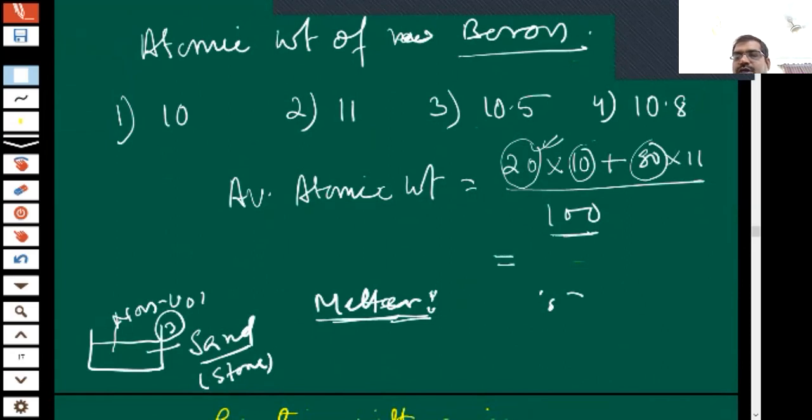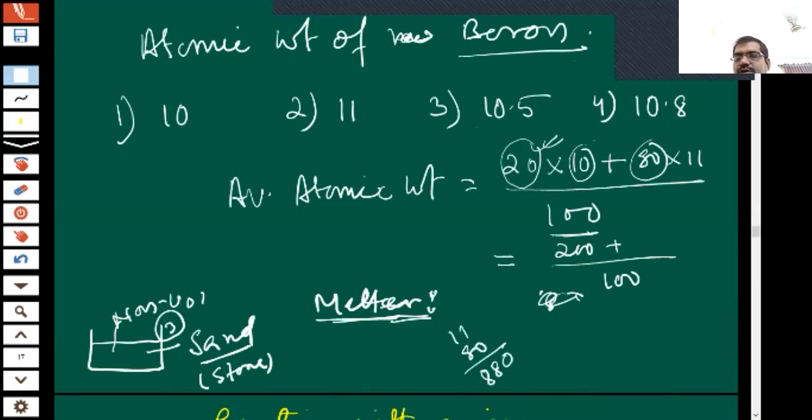Or otherwise we can say, for all 100 particles, what is the weight of the total 100 particles? The total weight is, children, you can see 20 into 10, how much is it? 200, plus 80 into 11, how much will it be? 80 into 11 is 880.